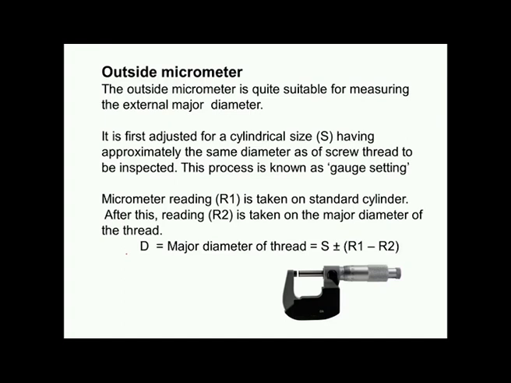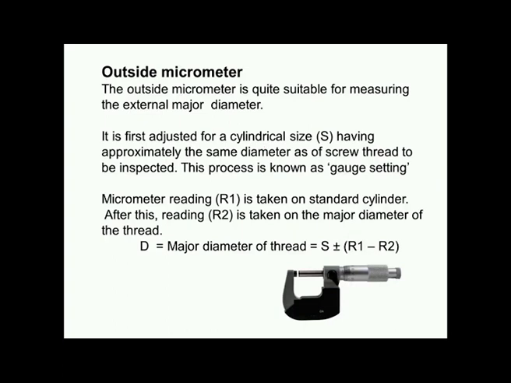So, when we move the anvil, we should take care that as soon as the anvil just touches the crest of the thread, we should stop the rotation of the thimble. Again, the procedure is the same. The reading is taken with the standard cylinder, that is R1, and then the standard cylinder is removed and the screw thread is placed between the anvils and reading R2 is taken, and again using this relationship we can calculate the major diameter of the thread.